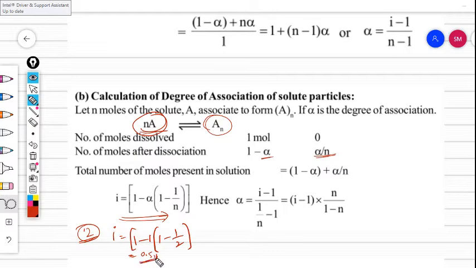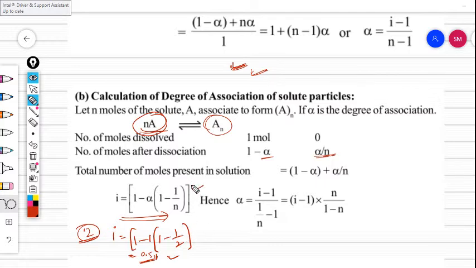Just calculate and check. This is the way to calculate the associated particles. Generally in your syllabus, dissociation is more prioritized and more questions will arise from dissociation, so focus more on dissociation.